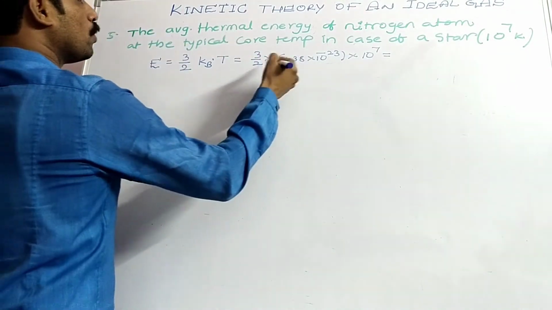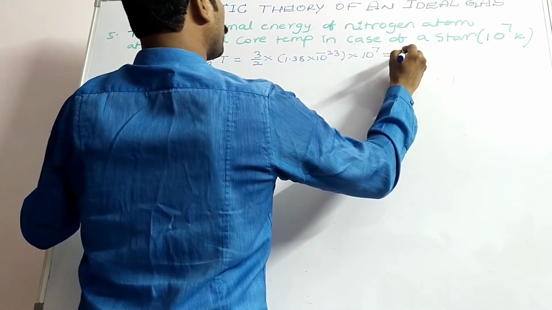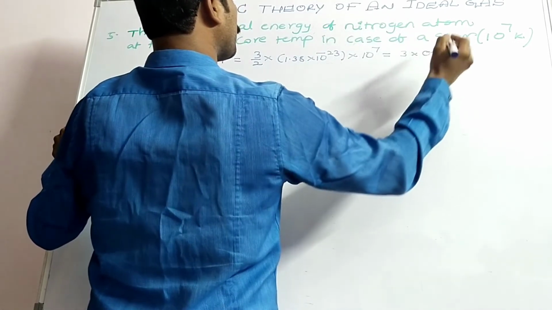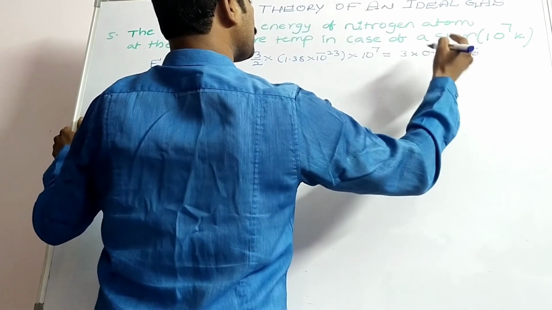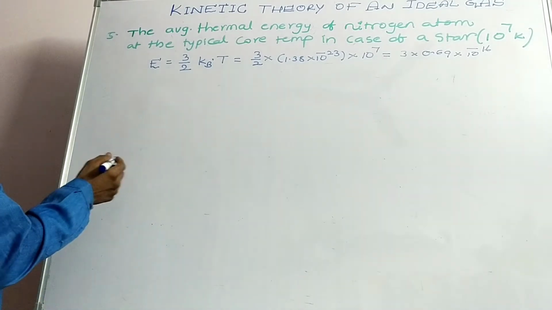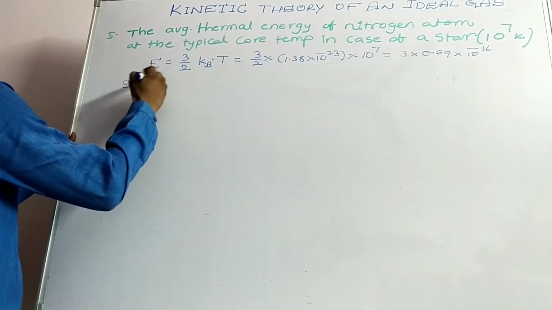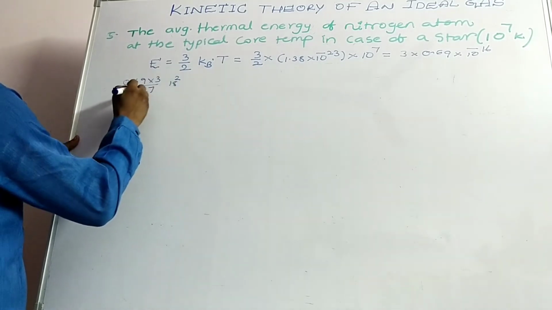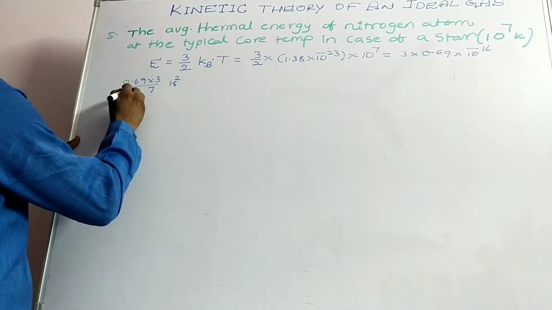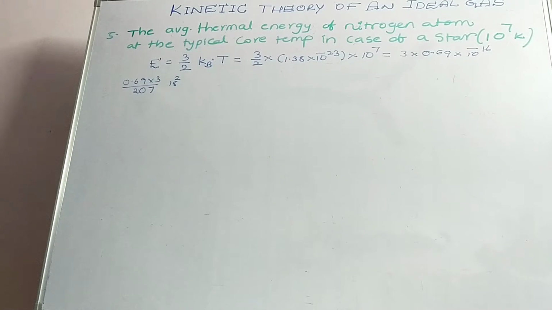So here 3 by 2 into 1.38 gives 3 into 0.69 into 10 power minus 16. Now 0.69 into 3: 3 nines are 27, 3 sixes are 18, plus 2 is 20, so 2.07.